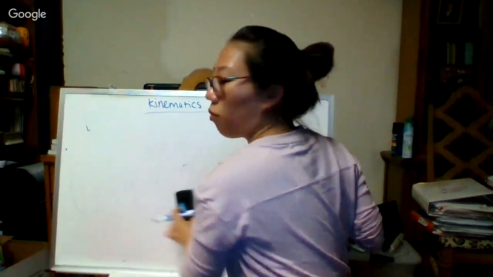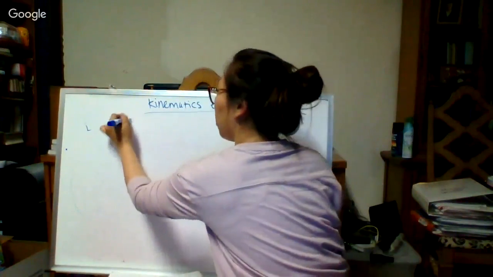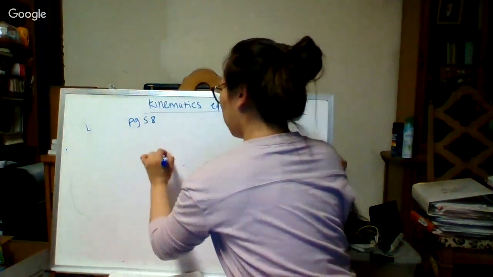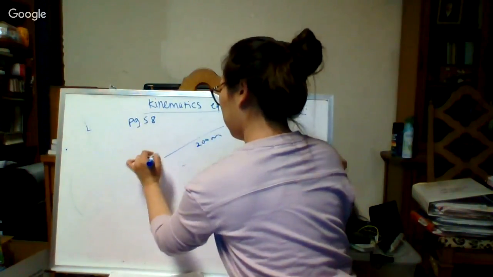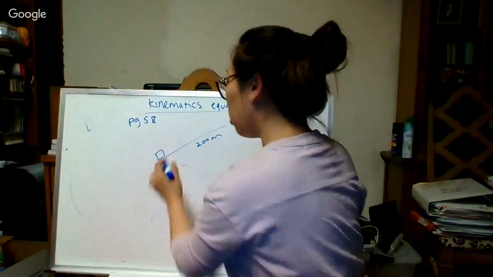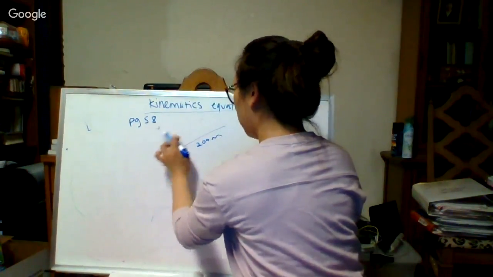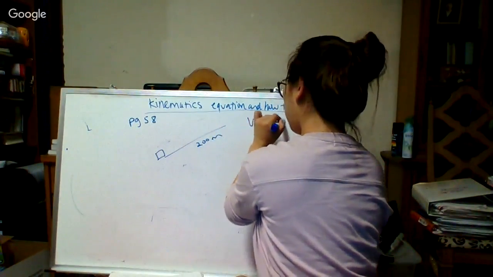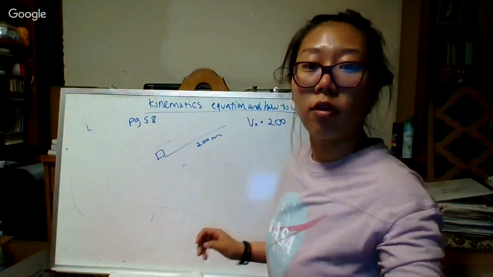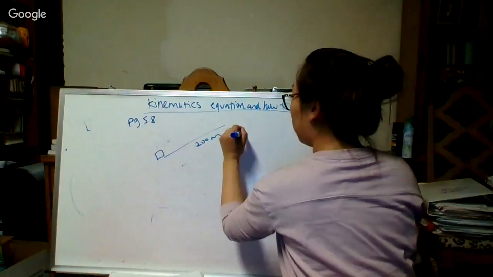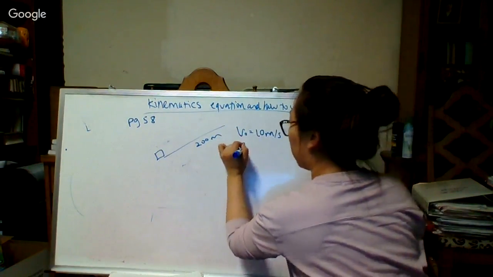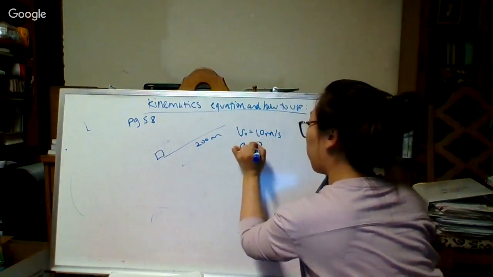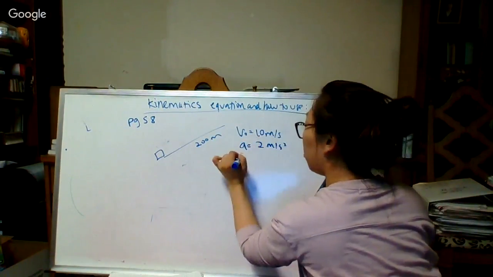So for this one, I'm looking at the problem on page 58. There's a car that's trying to go onto a ramp of 200 meters. Its initial velocity, v0, is 10 meters per second and it accelerates at 2 meters per second squared.